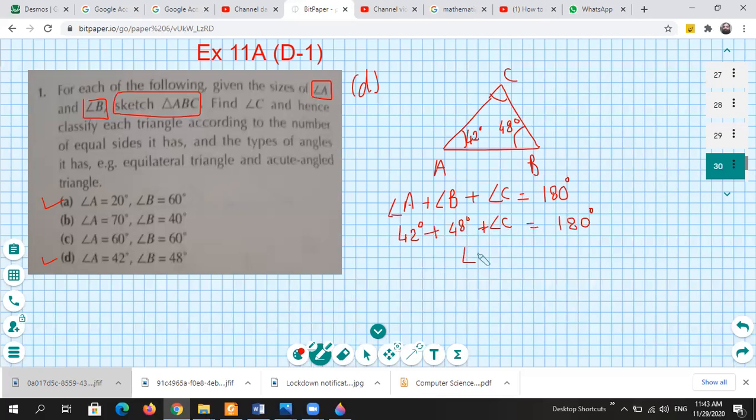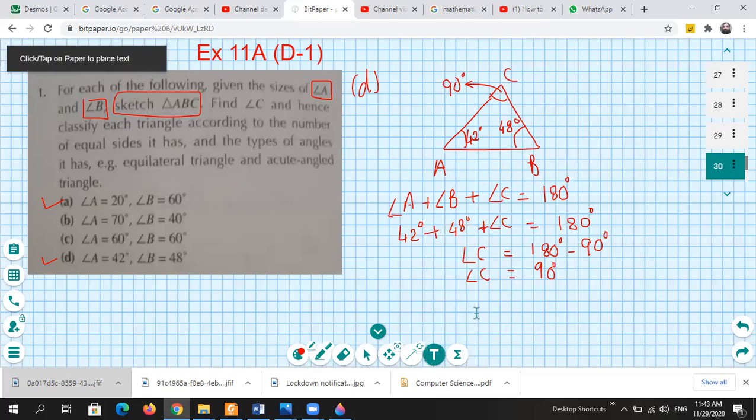So when we shift 90 to the right-hand side, or subtract 90 from both sides, we get angle C equals 180 minus 90 degrees. So angle C will become 90. And we know that this 90 is a right angle. So it is a right angle triangle.